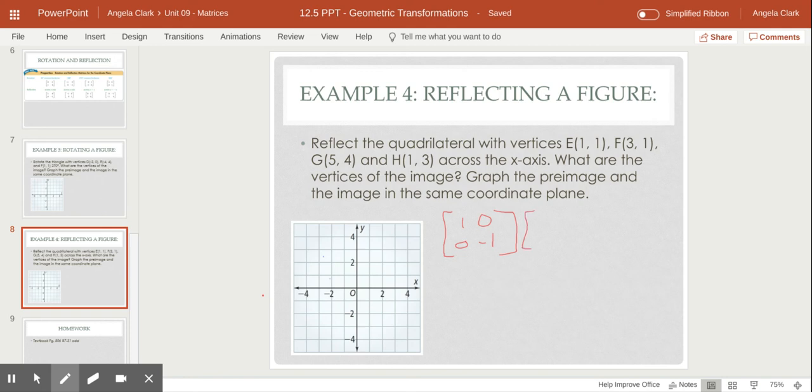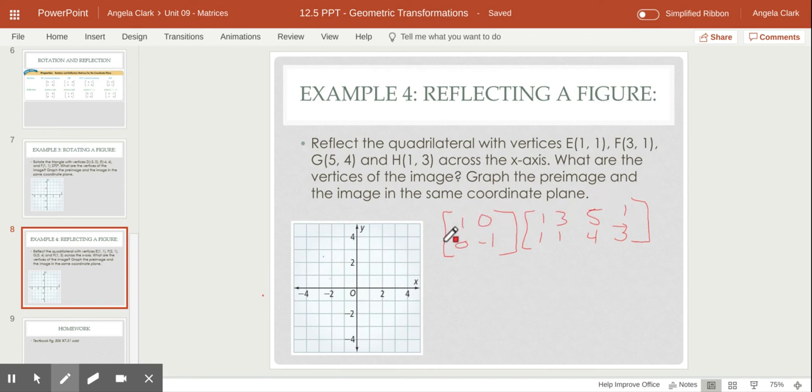And our pre-image is 1, 1, 3, 1, 5, 4, 1, 3. All right, so in this one, anytime we multiply these numbers, it's just going to be 0, and these numbers we're just multiplying by 1.